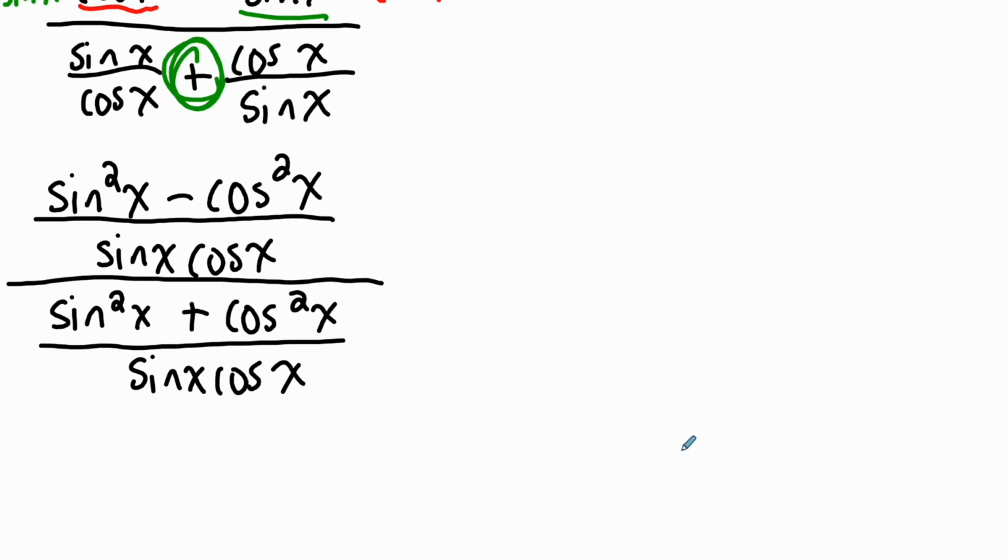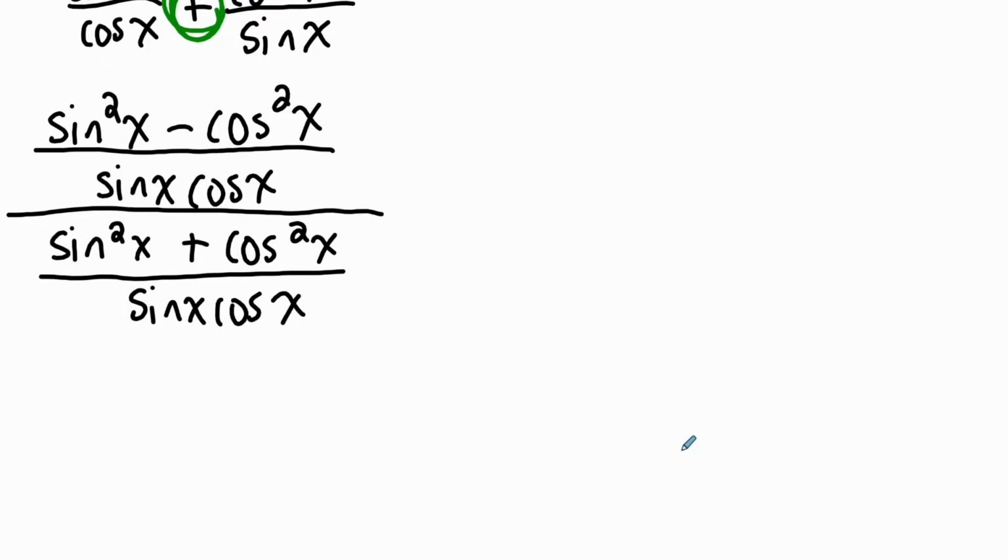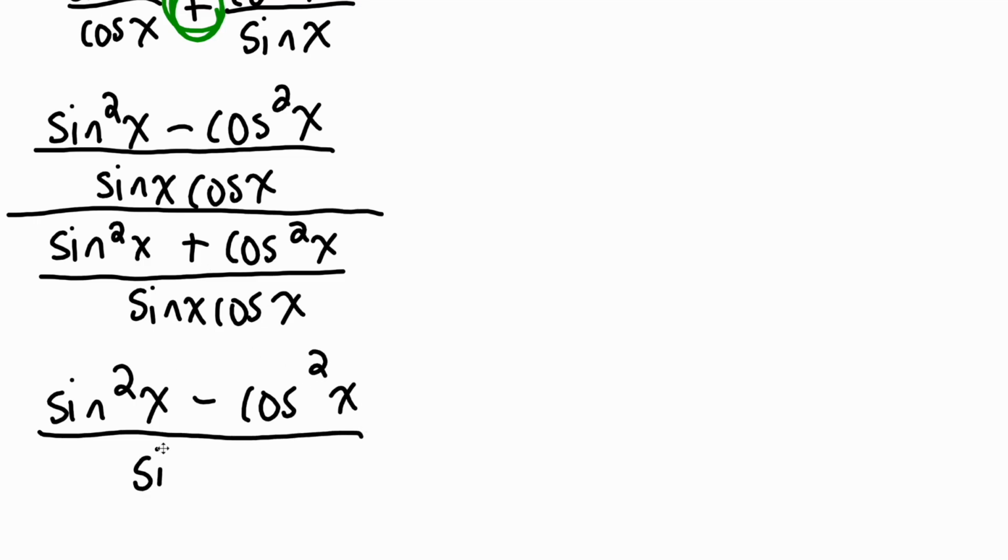Okay, so fraction in fraction, what do we do? Copy, switch, flip. So I'm copying the top, copy the numerator, sine squared x minus cosine squared x, over denominator, sine x, cosine x. Change this to multiply, and you can put a little dot there. I wouldn't use x because we have x's in our problem, and we don't want it to look like an x.